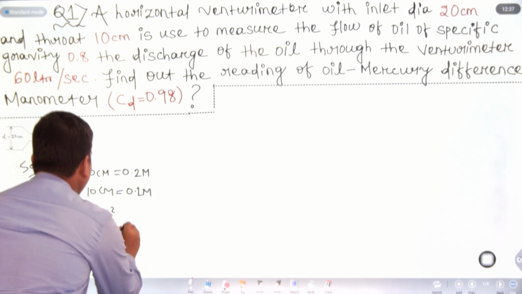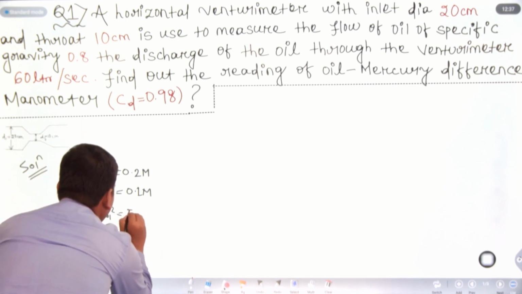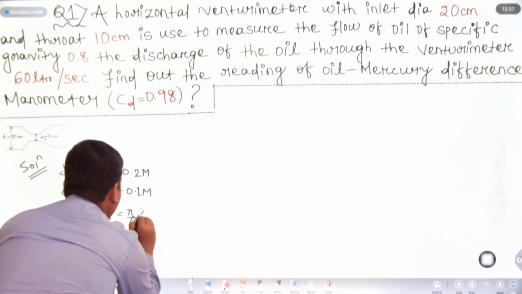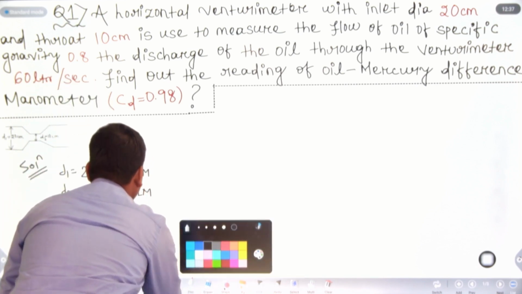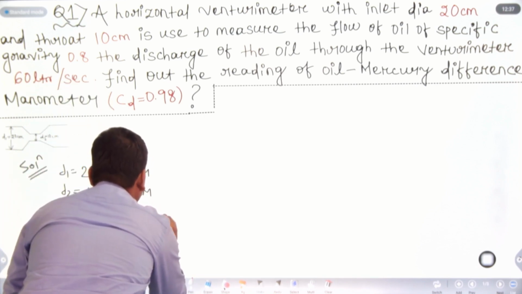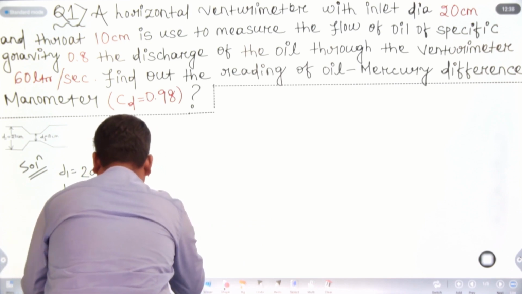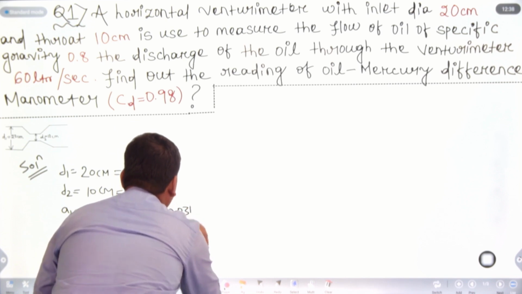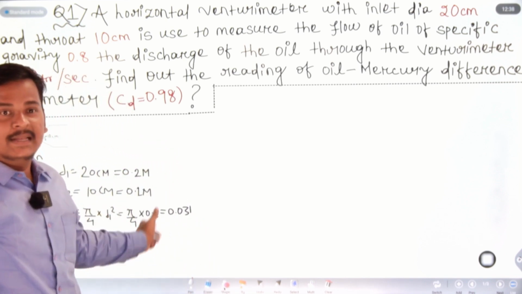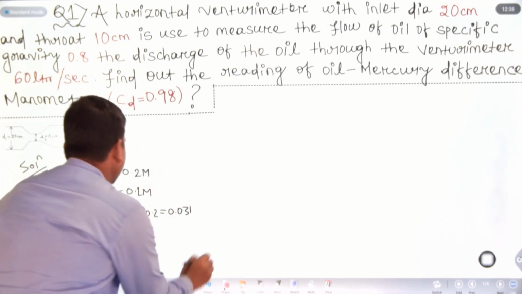That means pi by 4 into 0.2 square, which is equal to 0.031 when calculated on a scientific calculator.